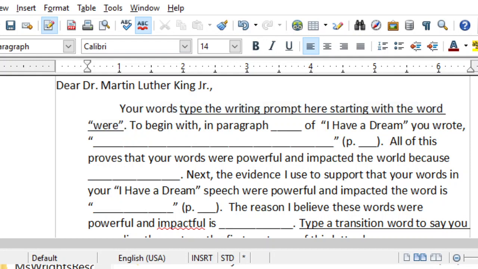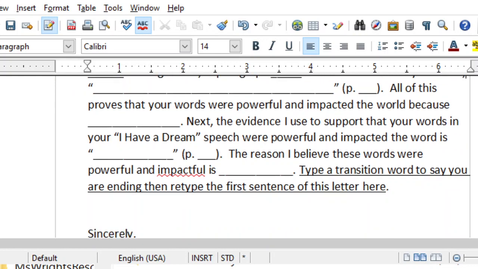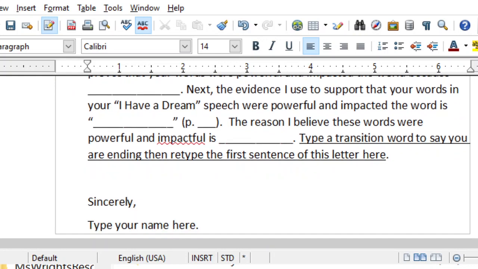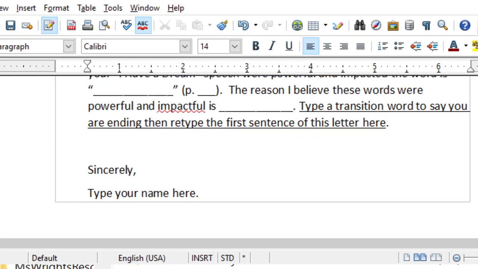So I gave you an example. I actually did this assignment. Do not copy my example. If you copy my example, you're going to redo it. So this is just an example. Make sure when you end the letter, you always end it with sincerely and then type your name right here.